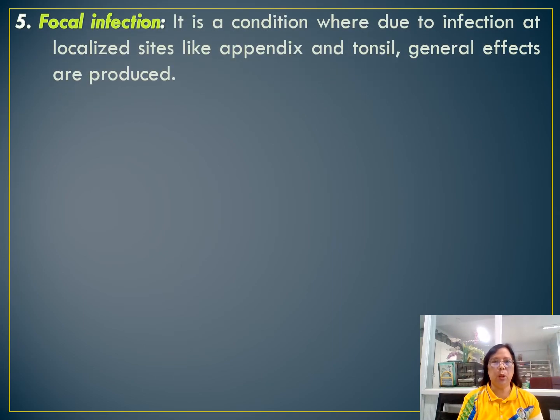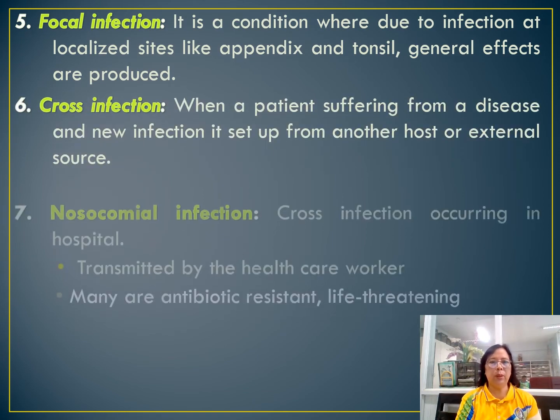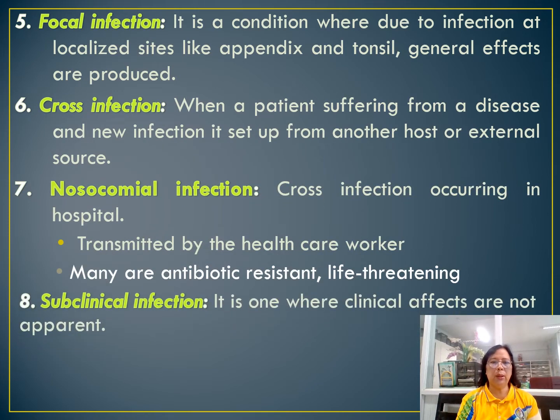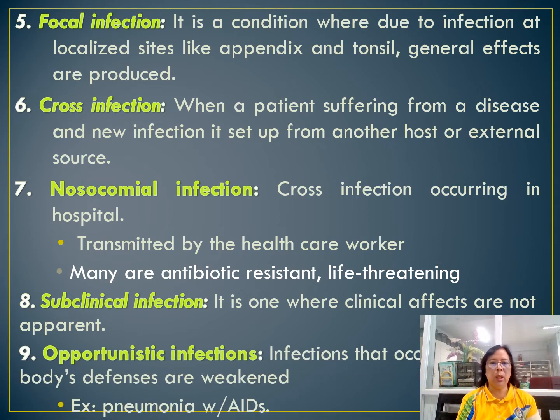The next group classification of infection includes the focal infection, cross infection, nosocomial infection, subclinical infection, and opportunistic infection. So what are the differences of these things?